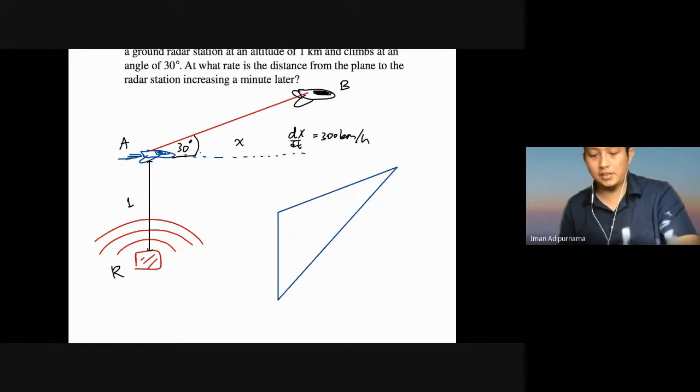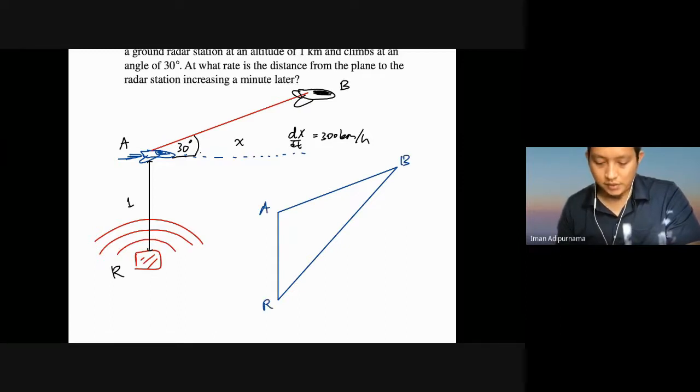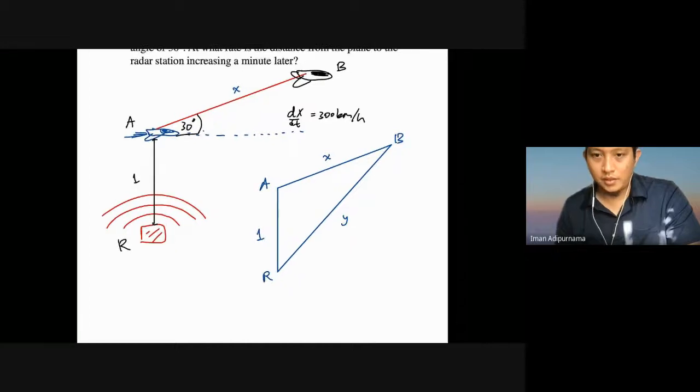This is 1, and let's say this is X, maybe a better X is the distance here, and this will be Y. If you want to use another symbol, that's also fine, but I will stick with X and Y for this one.